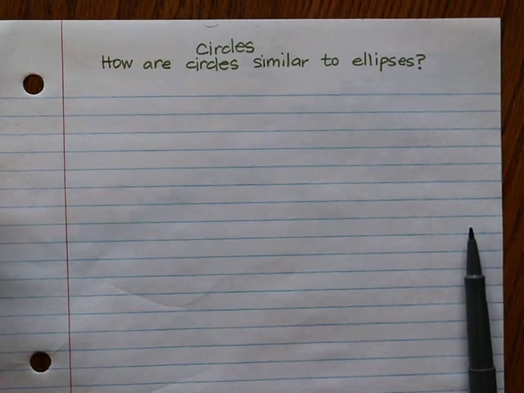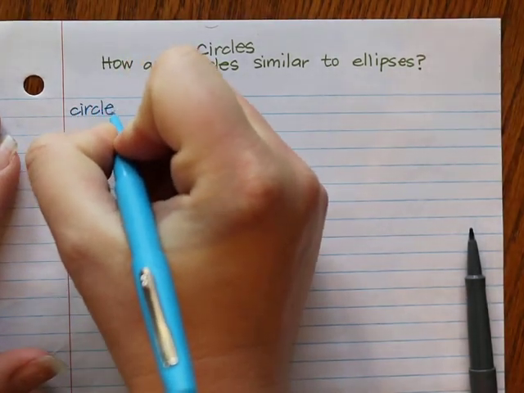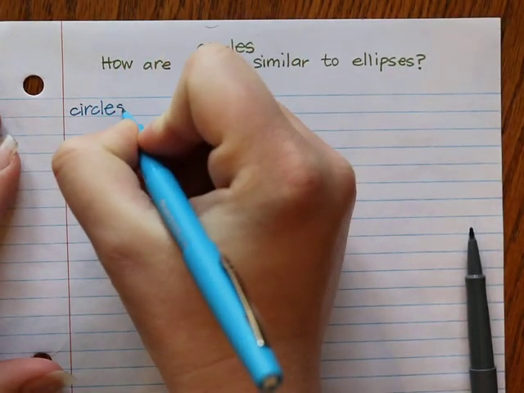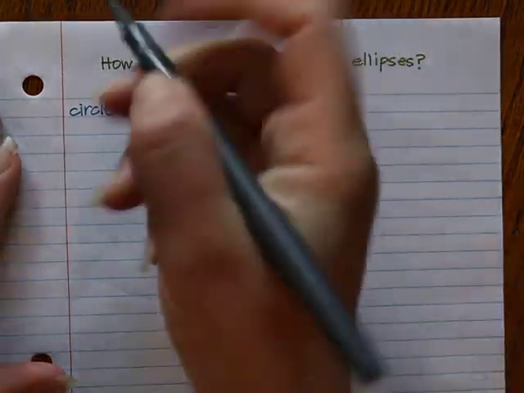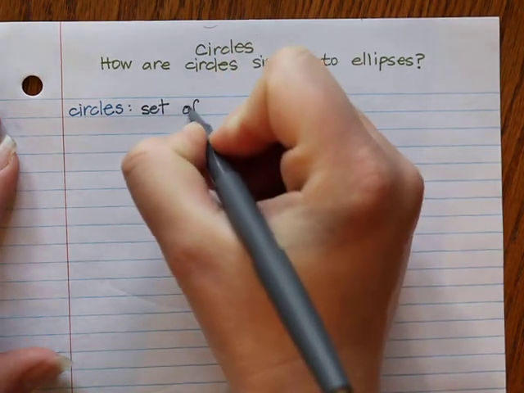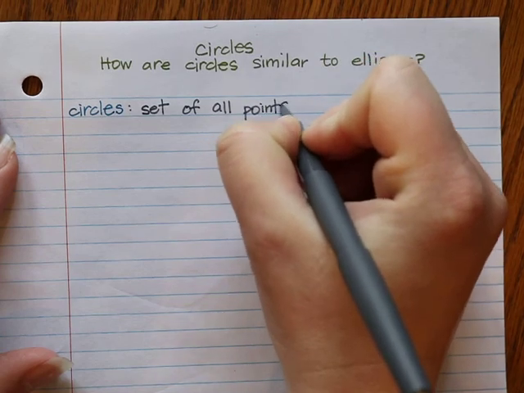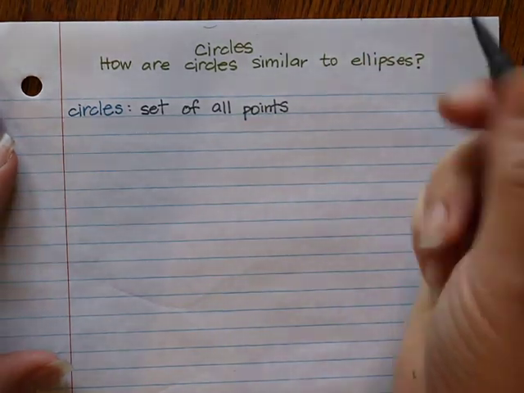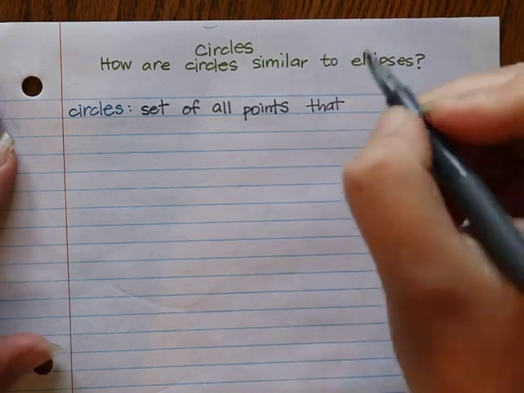Okay? So we are going to begin with our newish definition. Remember how we started our parabolas definition, which was the set of all points that are equidistant.